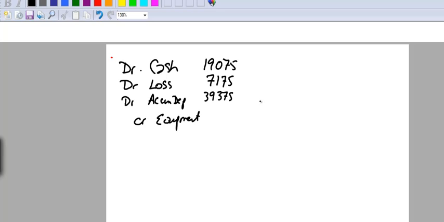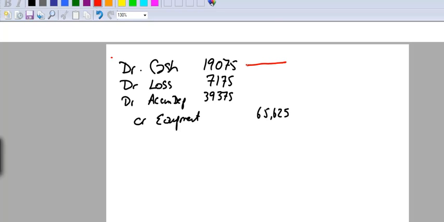The equipment is 65,625. So the additional information has provided me with a bit of guidance as to what's happening here. Let me quickly add up my numbers, and you'll see that my debits and credits balance.